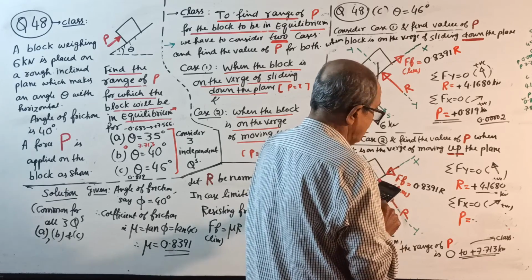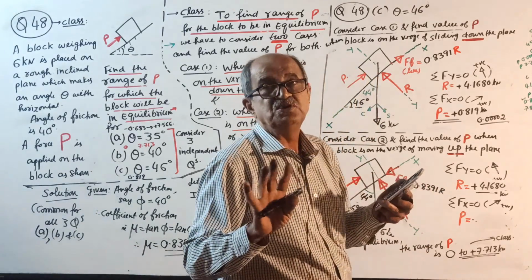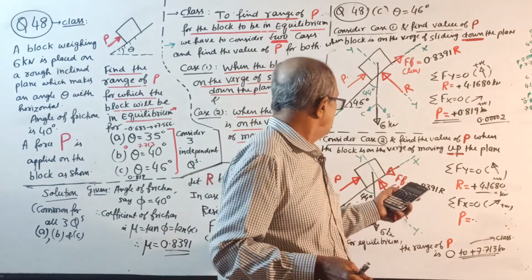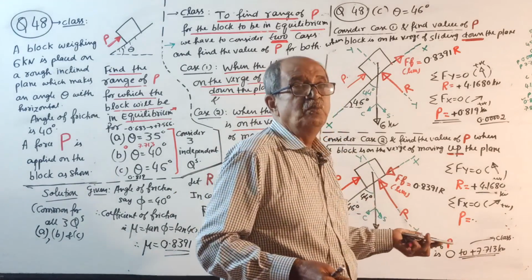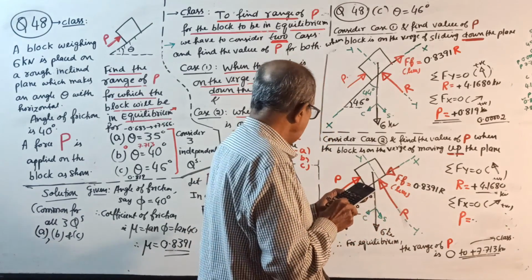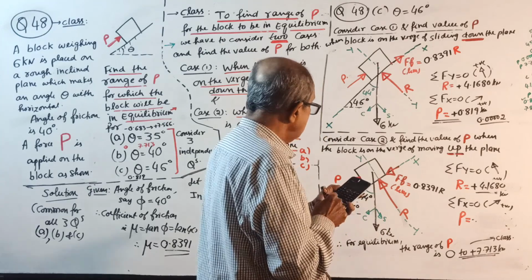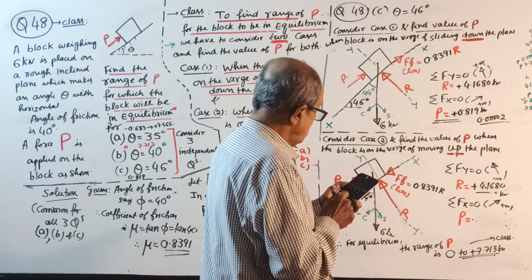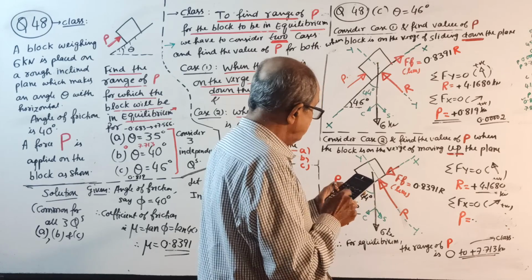Why add? You don't think of these shortcuts at all. To move it up, it has to overcome. No, sorry, you don't have to subtract, you have to add now. See, 4.1680 into 0.8391 friction.